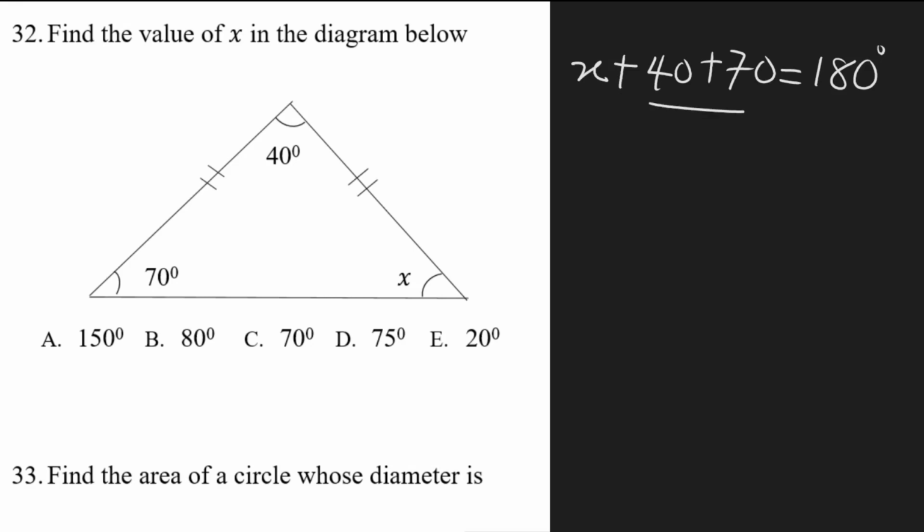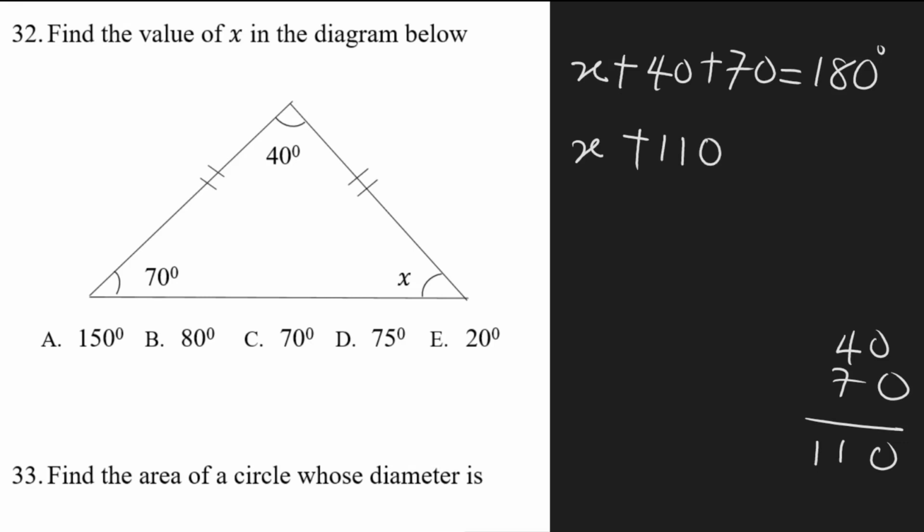So these ones are numbers, you can add them. 40 plus 70, so we have x plus 40 plus 70, so let's add it there. 40 plus 70, 0. 7 plus 4 is 11, so we're going to have x plus 110 is equal to 180 degrees. So what are we going to do? Of course, we are going to take this one to the other side, since it is a number. So we'll have x is equal to 180.